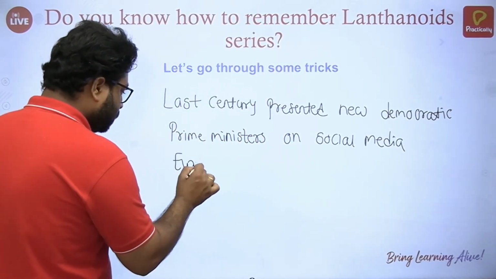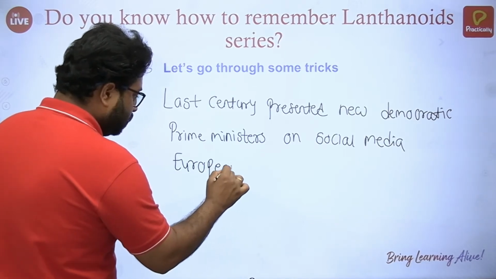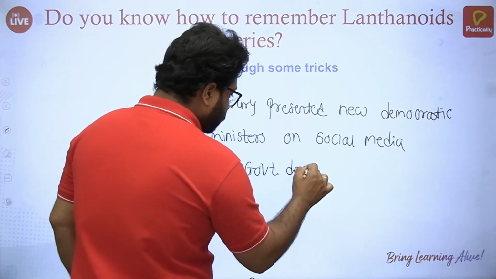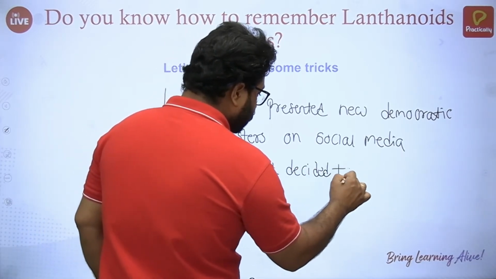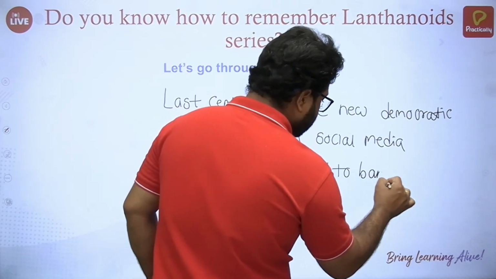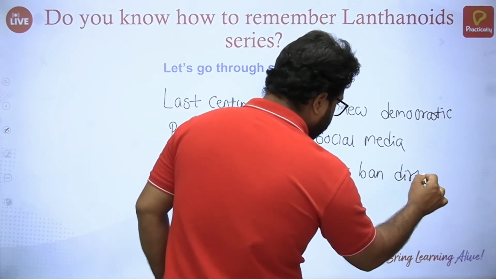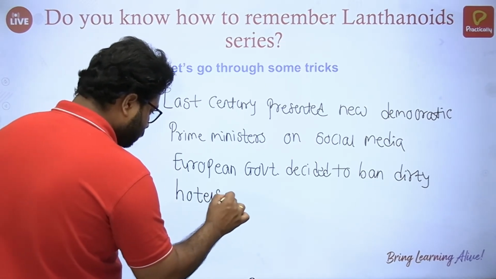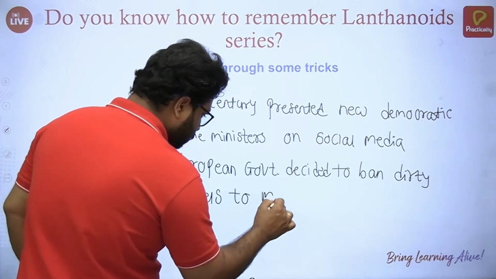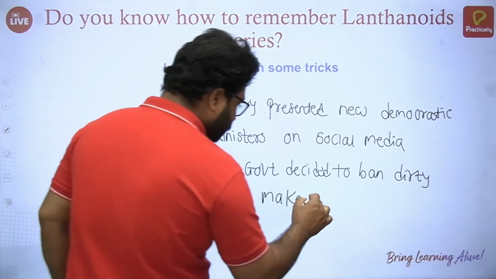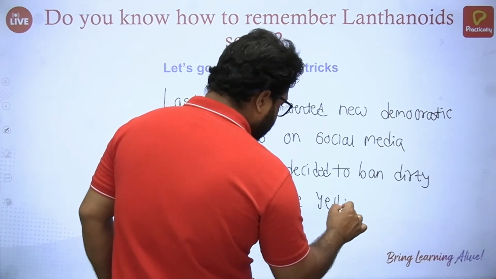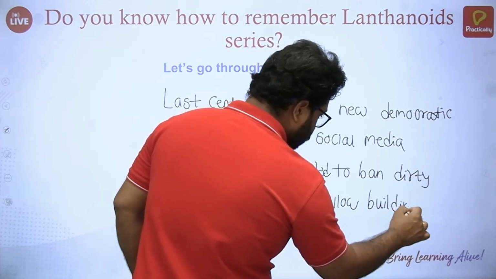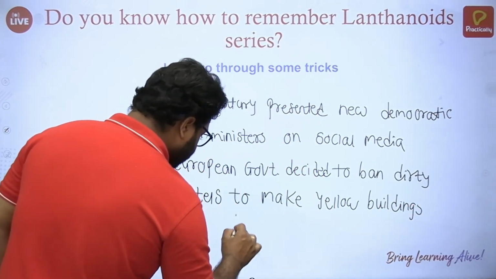After that, European government decided to ban dirty hotels to make yellow buildings luxurious.